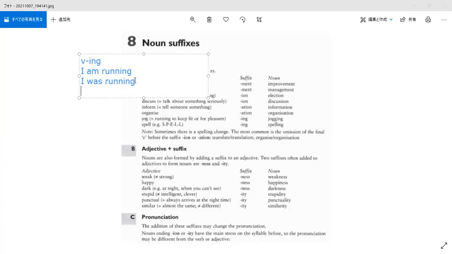If it's perfect, there is a perfect continuous, right?